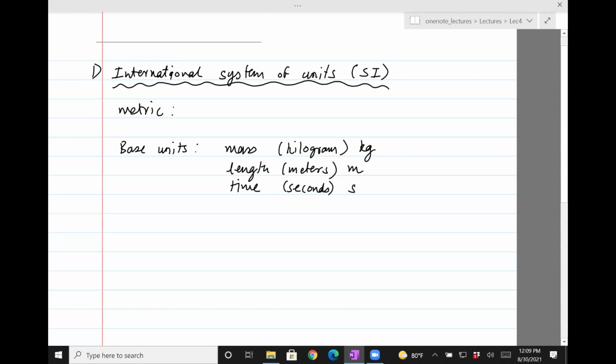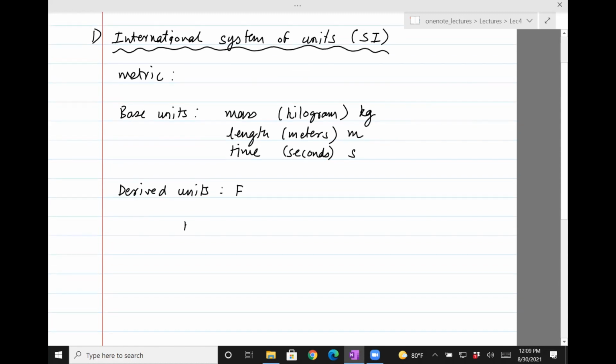Once you have decided these units, you can now specify units for force. Force is mass times gravity. Mass is now kgs.